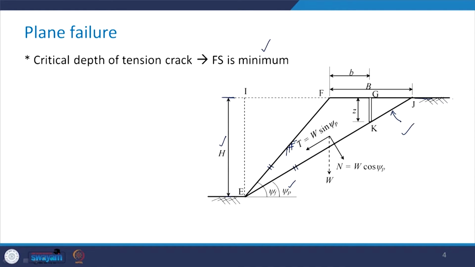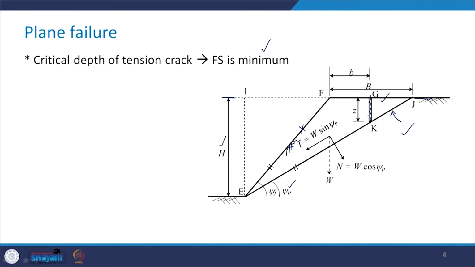You can see here the points G and K, and there is the occurrence of the tension crack. In this case I am considering that the tension crack is taking place in the upper surface of the slope, that is here, not on the slope face.